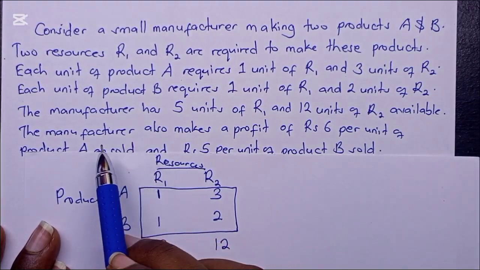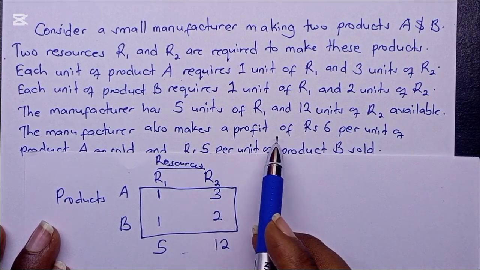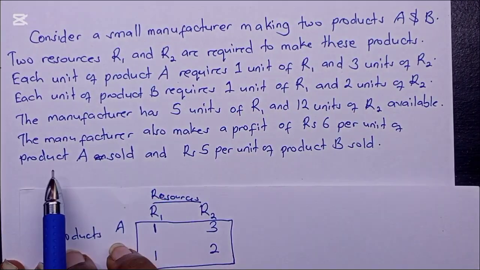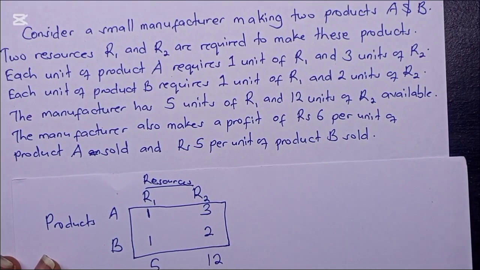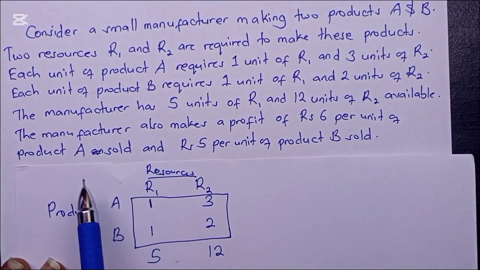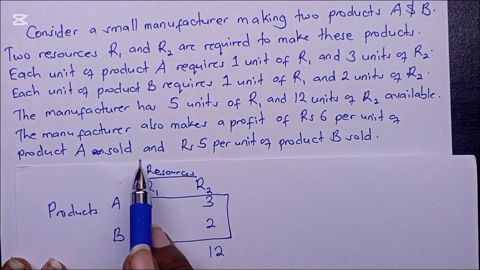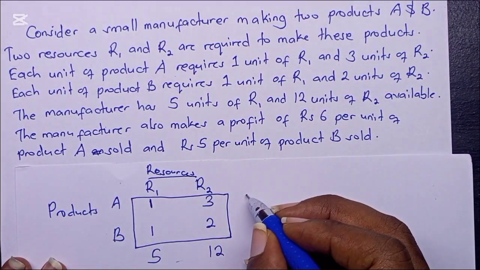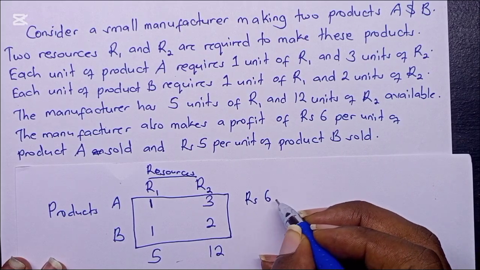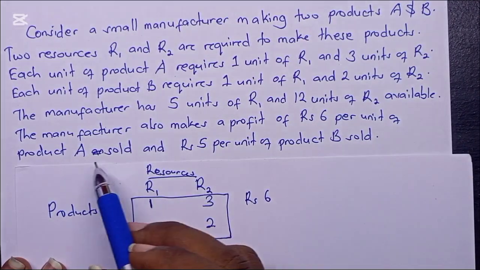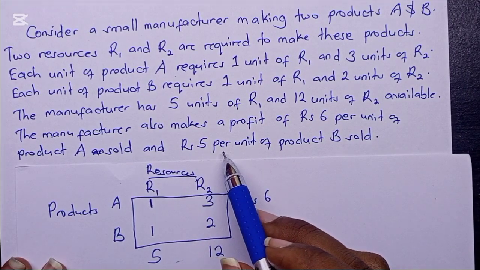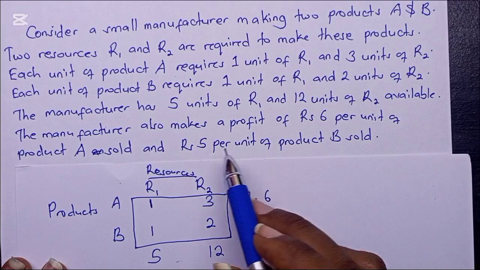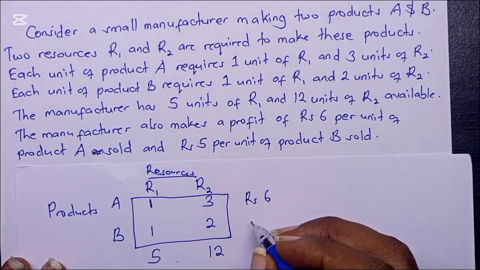He goes ahead and tells us that the manufacturer makes a profit of rupees 6 per unit of product A sold. So that means that for every unit of product A sold, the profit made for this product A is 6 rupees, while he makes a profit of rupees 5 per unit of product B sold.